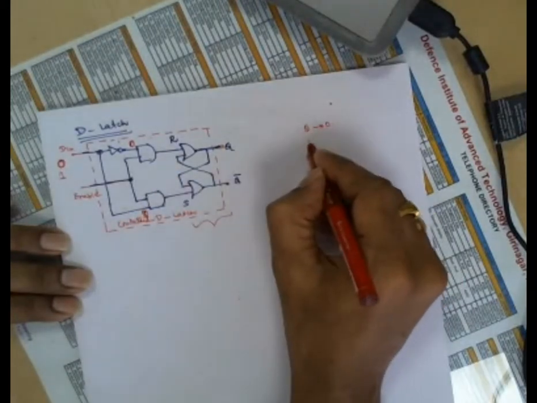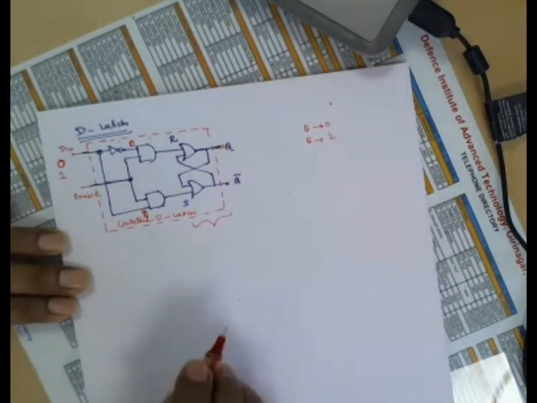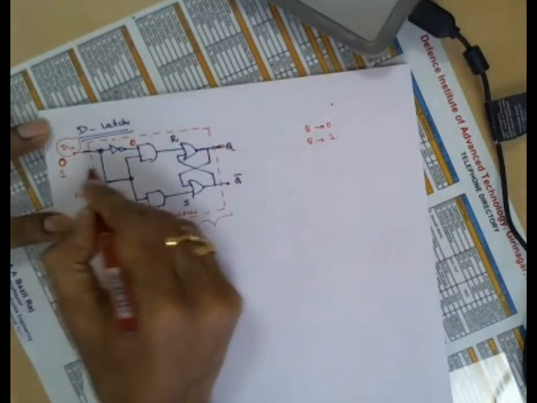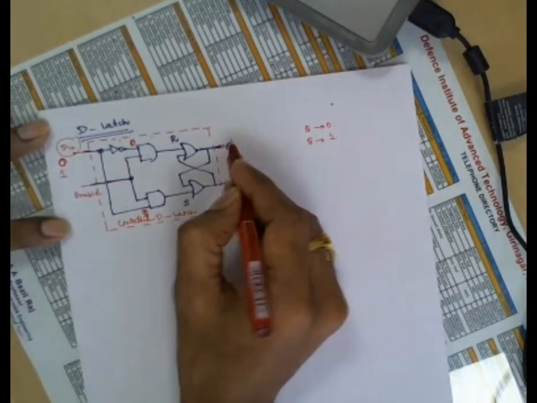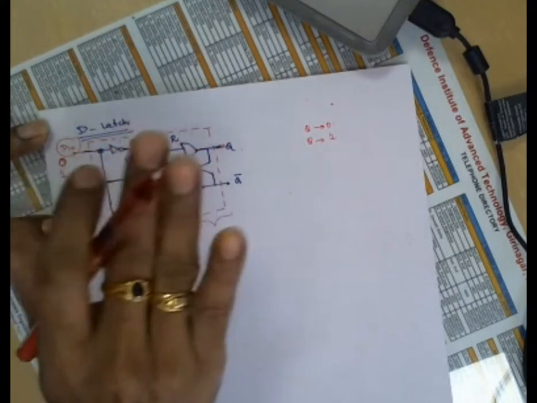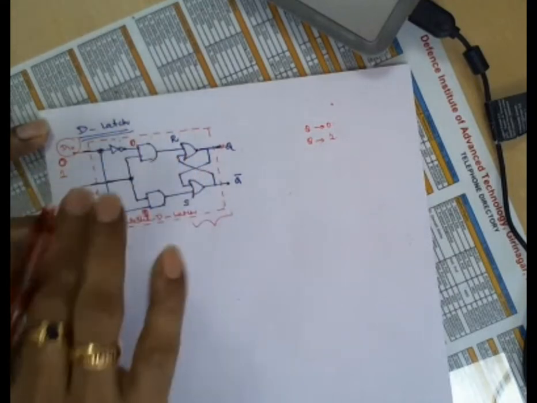Therefore, the Q becomes 1 now. So the idea is whatever is available here, when the enable is applied, is transferred to the output. Means the input is delayed here till the time when we apply the enable.